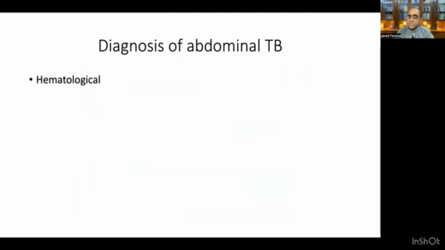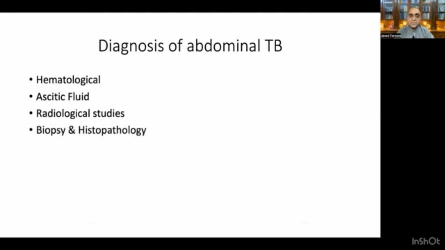For the diagnosis, different ways and means are used: hematological, ascitic fluid analysis, radiological studies, biopsy and histopathology, and molecular and immunological techniques. Now we shall discuss each and every component in some detail.